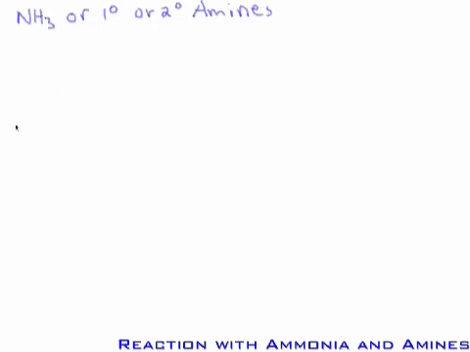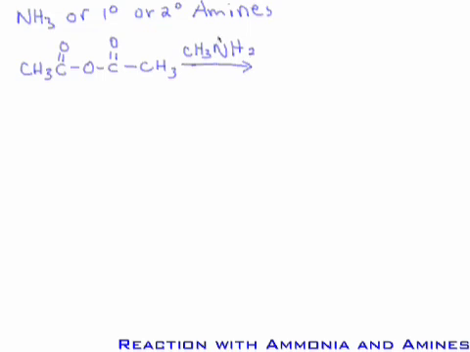What happens if I take CH3, C double bond O, O, C double bond O, CH3, and let's use methylamine just like we did with acid chlorides. In the previous scribblecast, we used methylamine. Well, the exact same mechanism happens. The only difference is the leaving group changes.